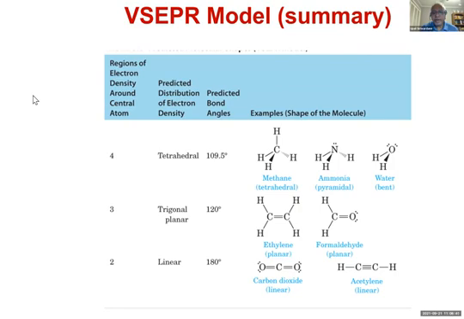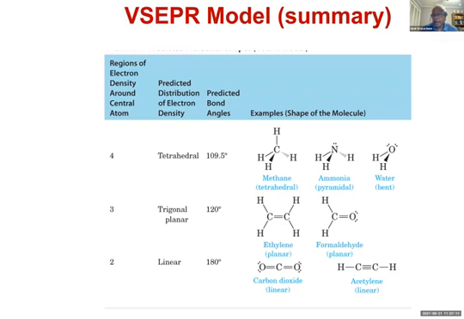Linear arrangements have 180 bond angles. Trigonal planar has 120. Tetrahedral has 109. Bent and pyramidal angles are close to 109, but a little smaller because lone pair repulsions are a little stronger than bond pair electron repulsion, according to VSEPR theory.